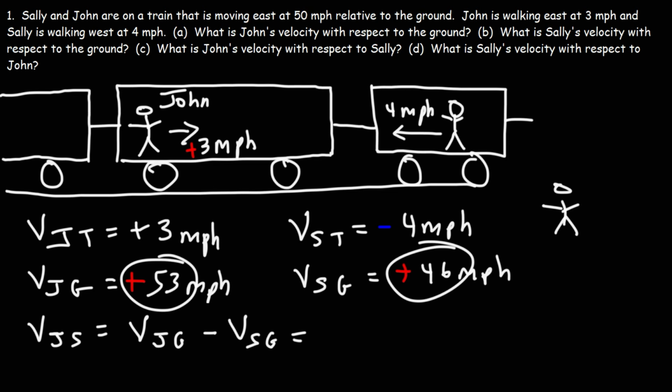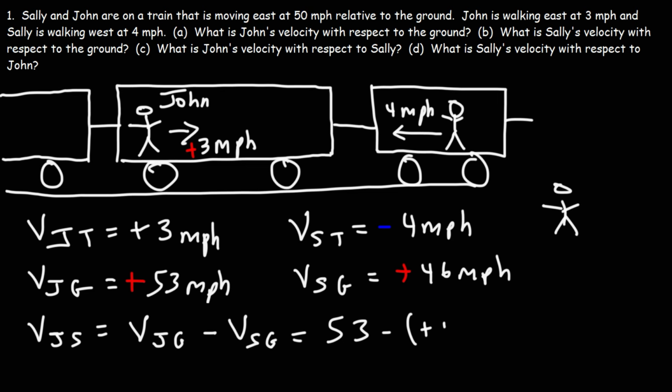So it's going to be 53 minus positive 46. 53 minus 46, that's positive 7. So John's velocity relative to Sally is positive 7. What that means is that his velocity is 7 units greater than Sally's velocity, which makes sense. Positive 3 is 7 more units than negative 4.